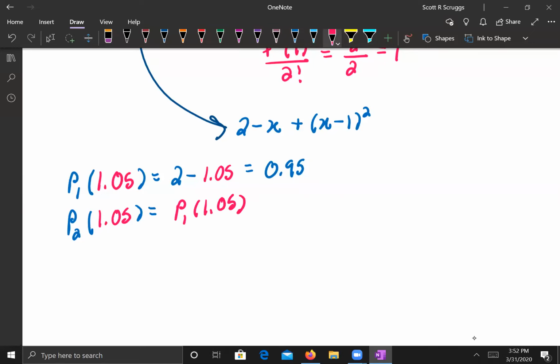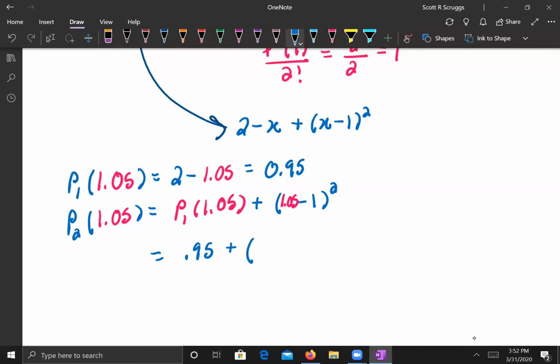So again, Taylor polynomials always build off of each other. So I can always use my previous information to help me out here. I already know my first order Taylor polynomial equals 0.95.